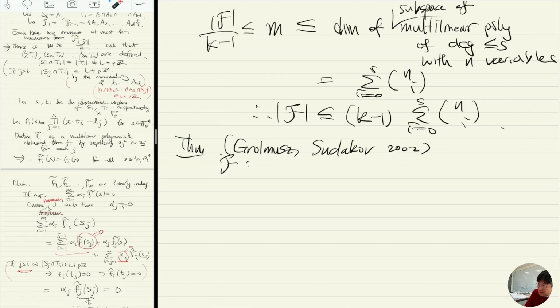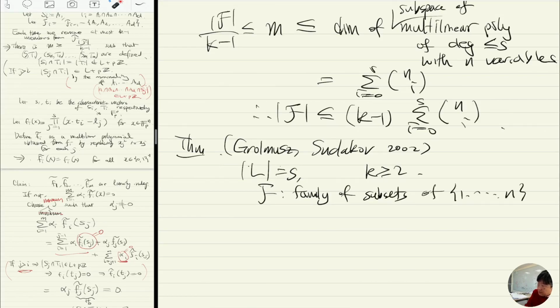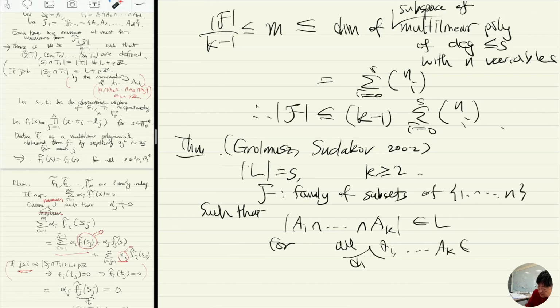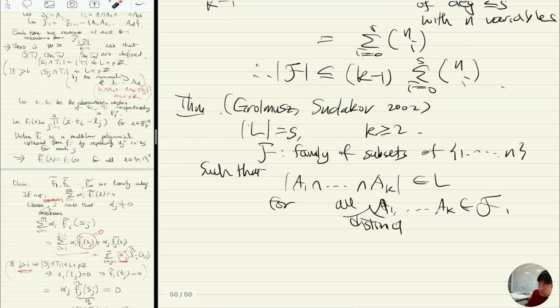Let L have size s and k at least 2, and F be a family of subsets of 1 up to n, such that the intersection of any k distinct sets A_1 up to A_k in F has size in L. Then we claim that the size of F is at most k minus 1 times the same bound.